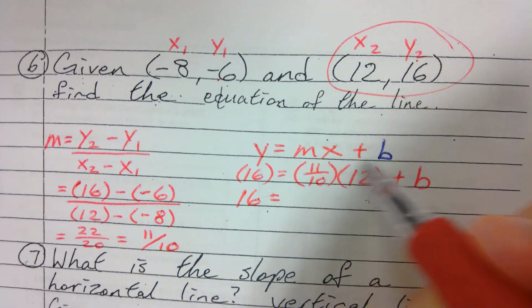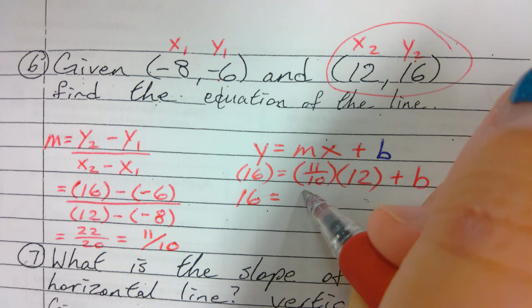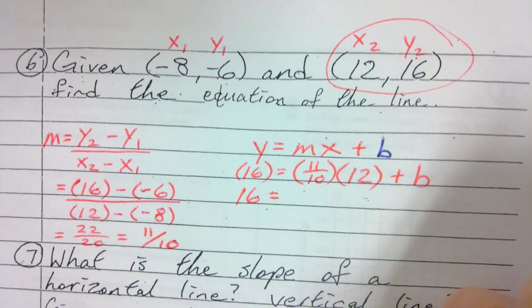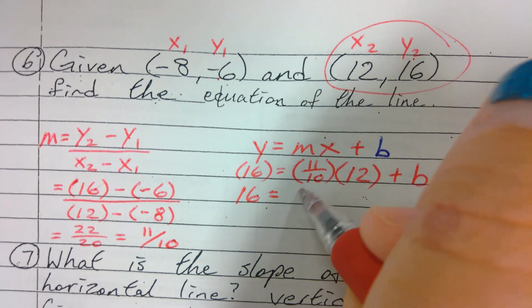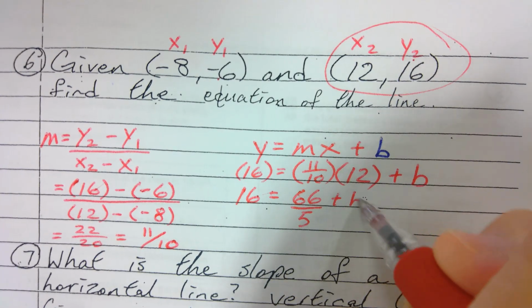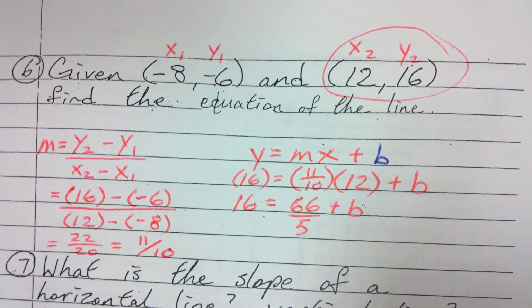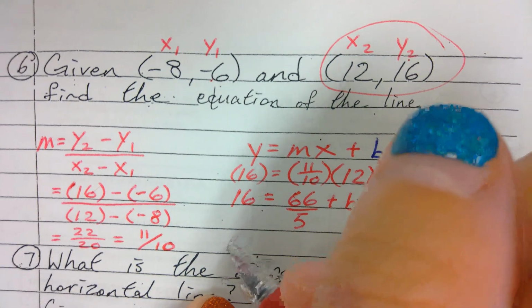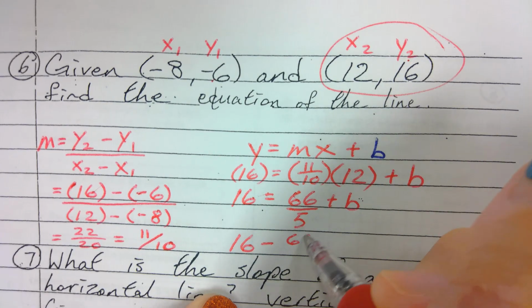So 6 and 5, 66 over 5. Did I do anything wrong? Did I make a mistake? You got it? Okay, good. I was thinking, why did I give you guys such bad numbers? Okay, and then to move it over to the other side, b equals 16 minus 66 over 5.